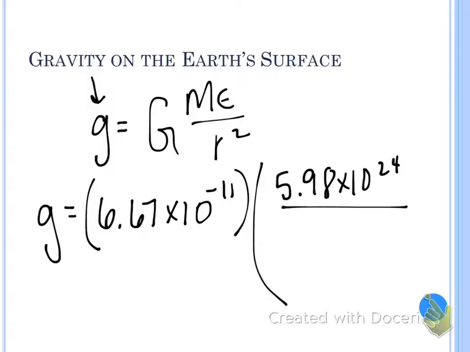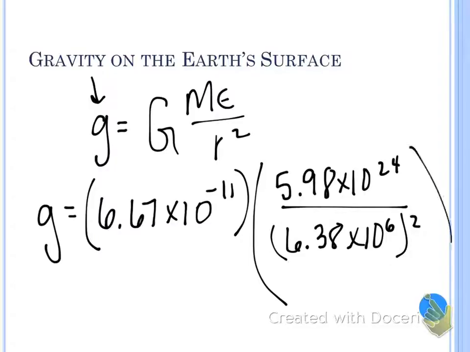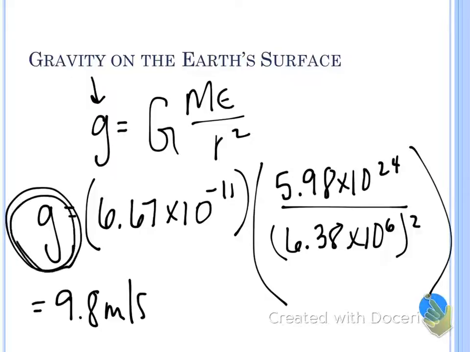And what radius are we going to be dealing with here? Anything extra beside the radius of the Earth? No, because we're looking at the Earth's surface. Okay, so we're just going to say 6.38 times 10 to the 6th, and then we square that whole radius term. We proved here that the acceleration due to gravity equals 9.8. So whenever we're solving, that's right, 9.799.